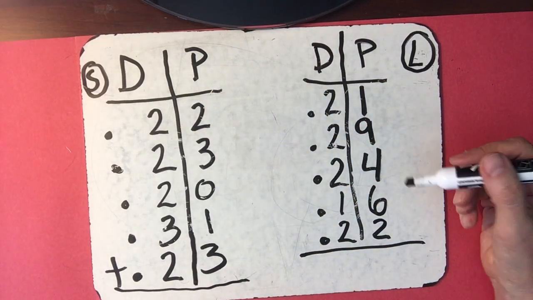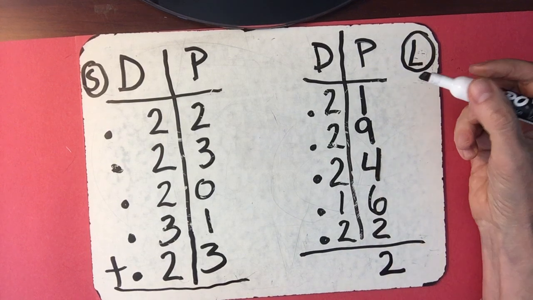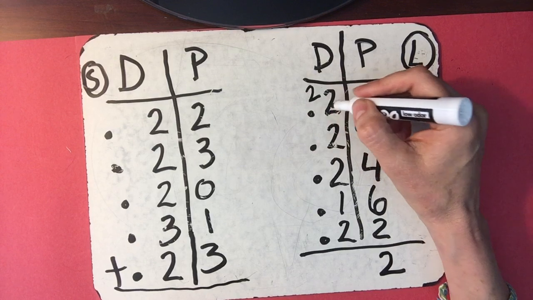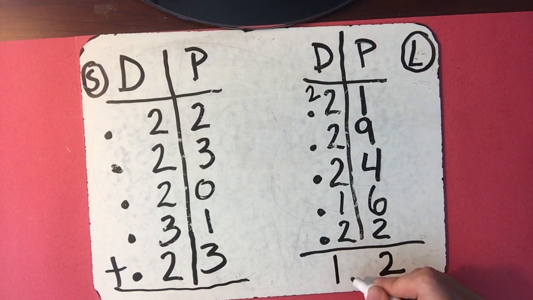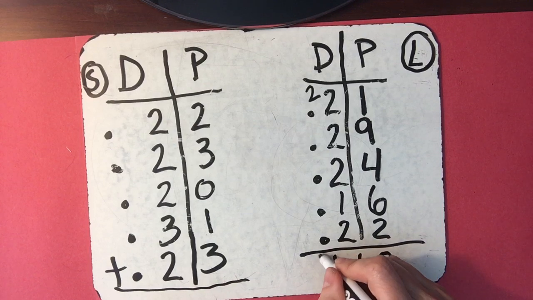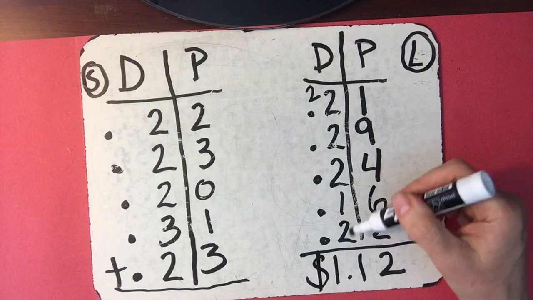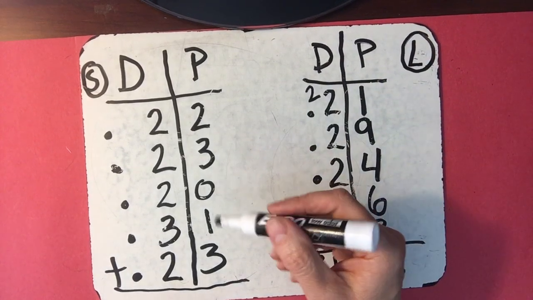I'm going to add up mine. You can be adding up yours. And I got what looks like $1.12. And you can double check my work. 2, 4, 6, 8, 10 plus 1 is that. Okay, let's see what you got.